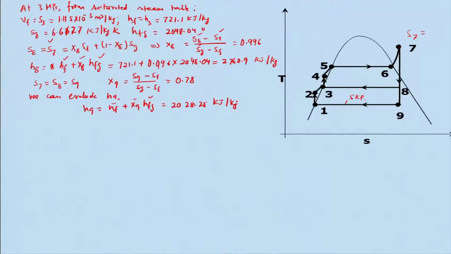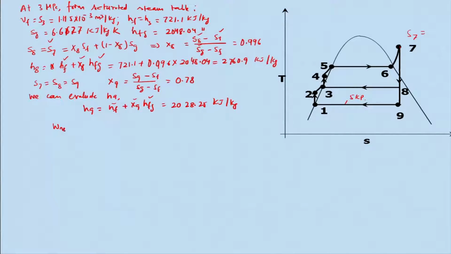But by knowing this, is it possible to find out net work done? We cannot. Why? Because W net will be Q in minus Q out, which is equal to H7 minus H4 minus 1 minus Y into H9 minus H1.